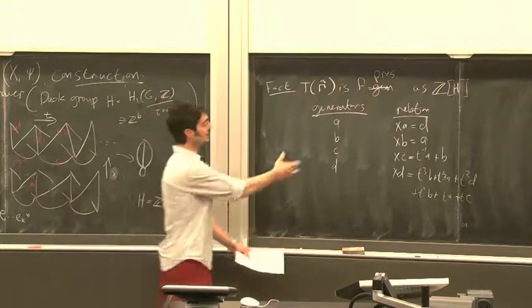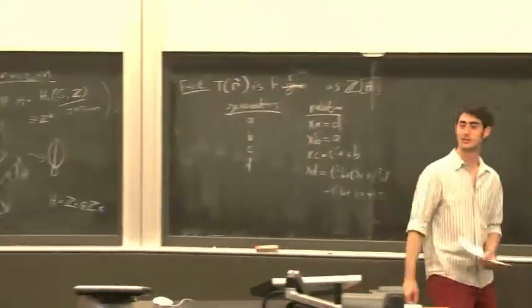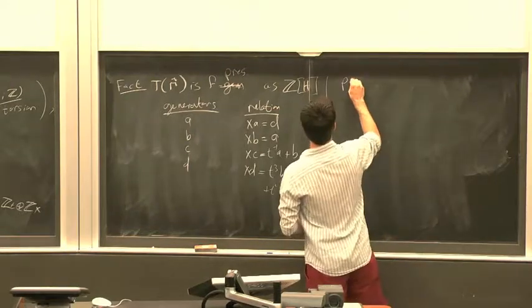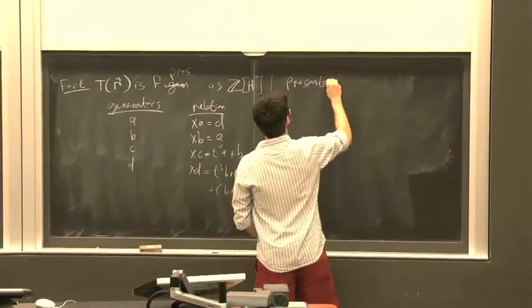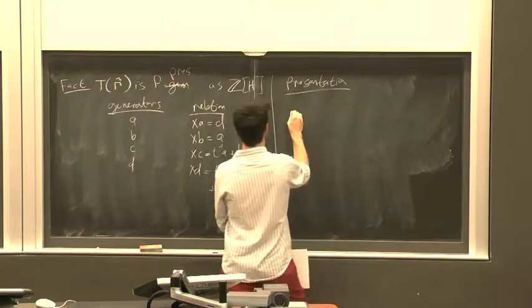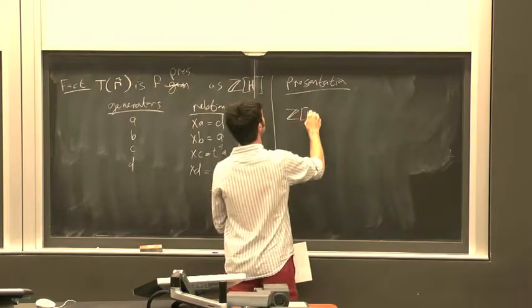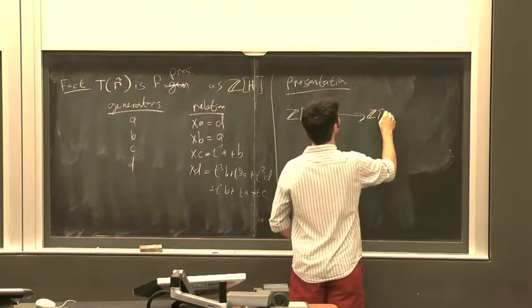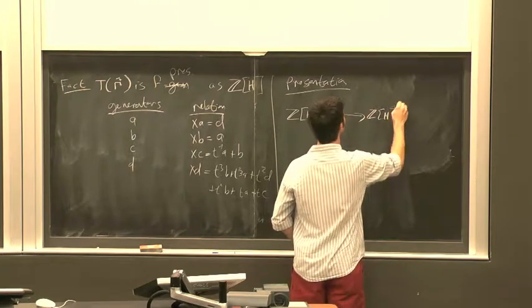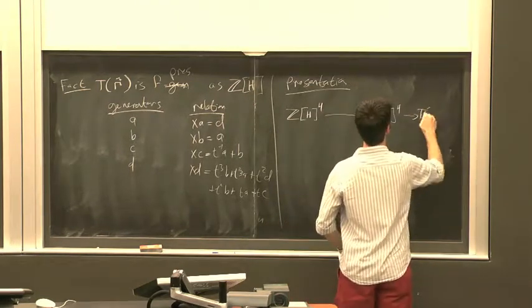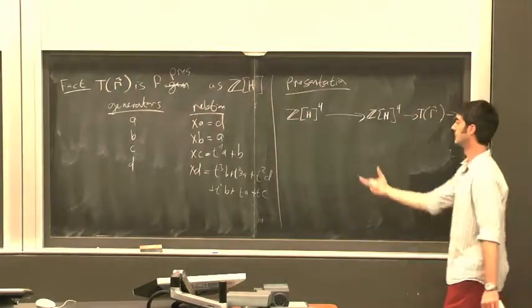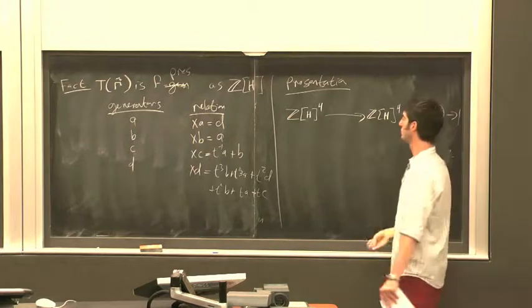And it turns out, this gives you a finite presentation of your module. All right, so let me write that down. So the presentation looks like this, right? It has 4 relations and 4 generators. Okay? And there's a presentation matrix. So what is the presentation matrix?